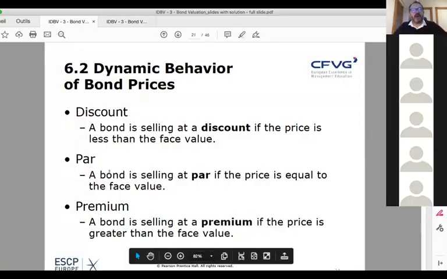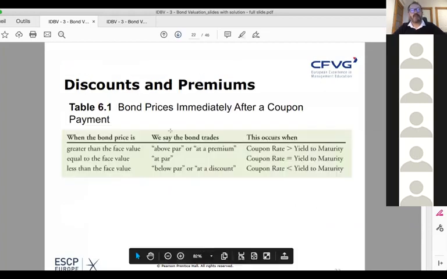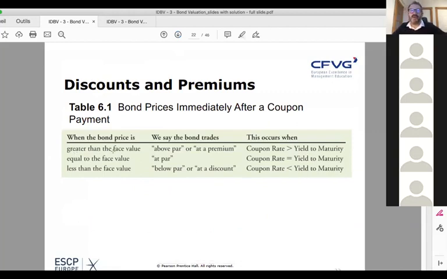So a bond will sell at a discount if the price is less than the face value, okay? A bond will sell at a premium if the price is greater than the face value. When does it happen? Well, the bond price will be greater than the face value, like for example 144, so it's at a premium, when the coupon rate is higher than the yield to maturity, okay?